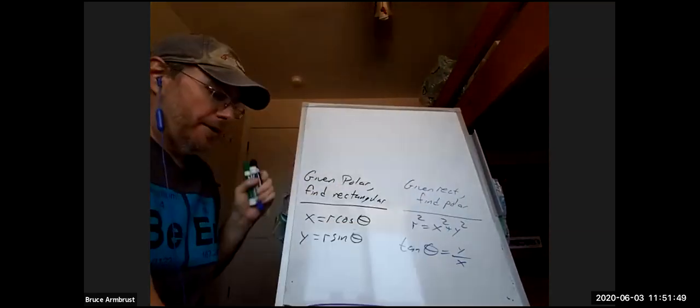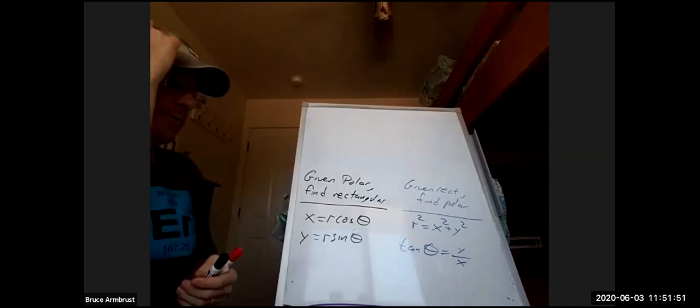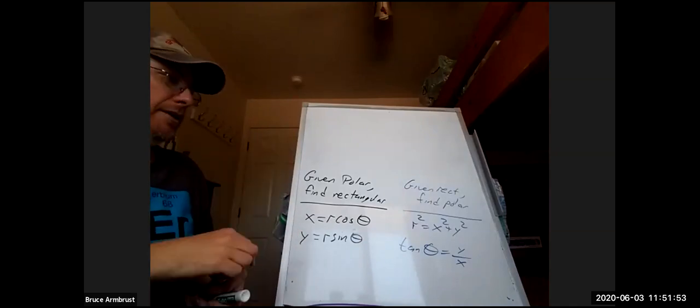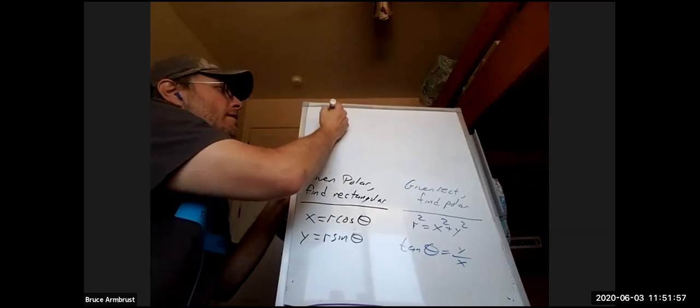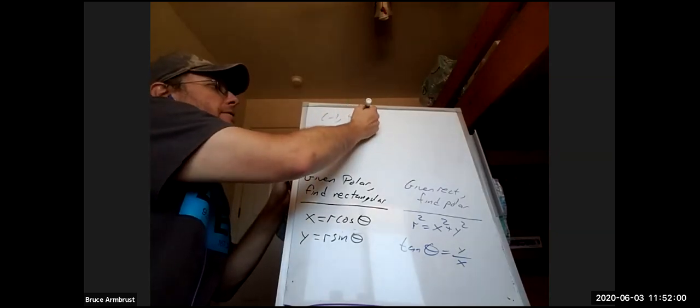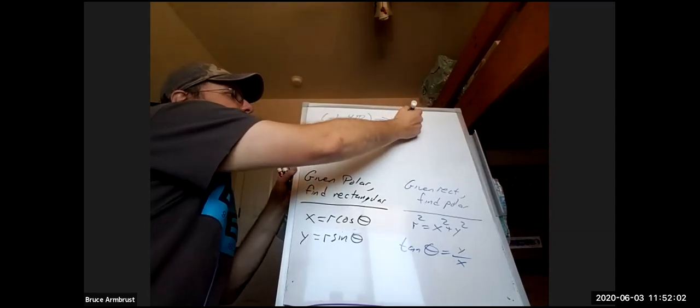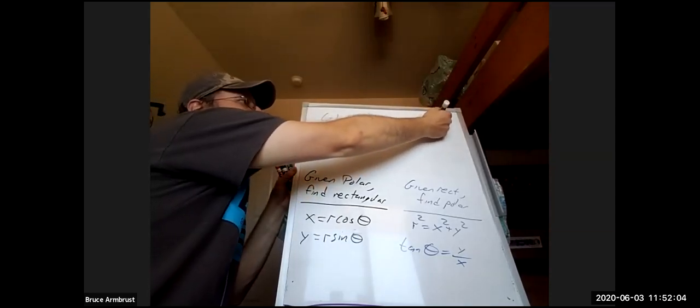So I want to go back to one that we did, that we plotted. It was the point D. If you go back and you look at that, we had that point was -1, 4 pi over 3. And let's convert that to rectangular. So let's figure out what the x and y for that point are.